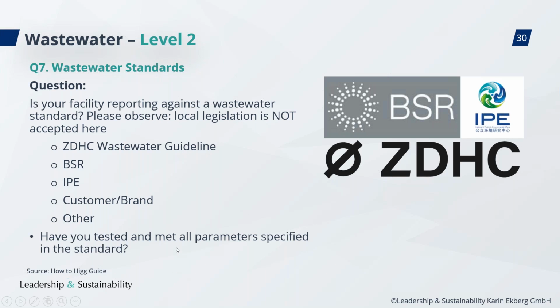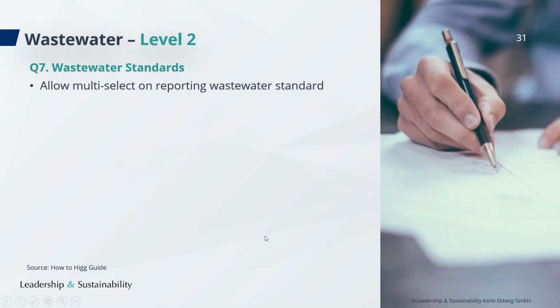And then the next question is, have you tested and met all parameters specified in the standard? And you say either yes or no. And if you respond no, you will receive also follow-up questions where you have to add all the parameters that were not meeting the requirements.